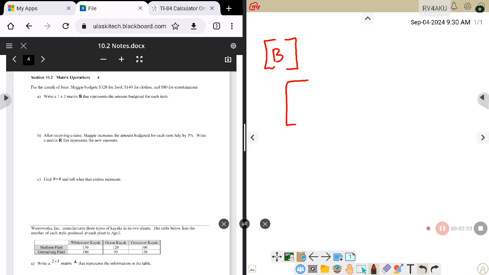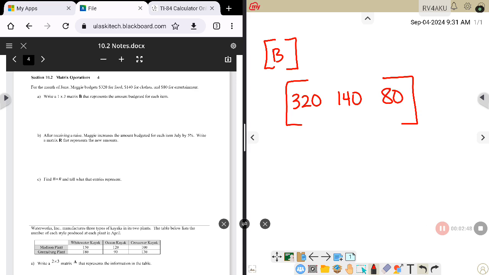So 1 row, 3 columns. So 1 across, 3 up and down. So the amounts that we're going to put in here are the $320 for the food, the $140 for clothes, and $80 for entertainment.